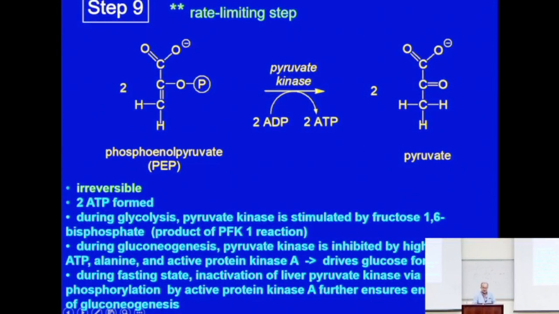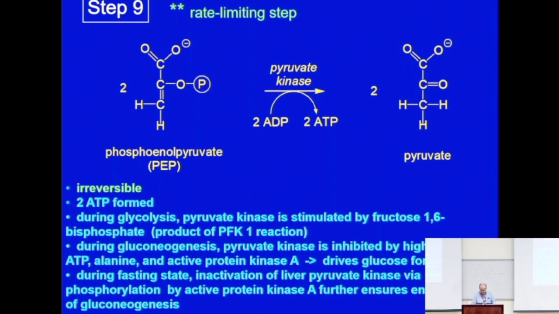Which takes us to the last step in glycolysis, technically the 9th step in aerobic glycolysis.